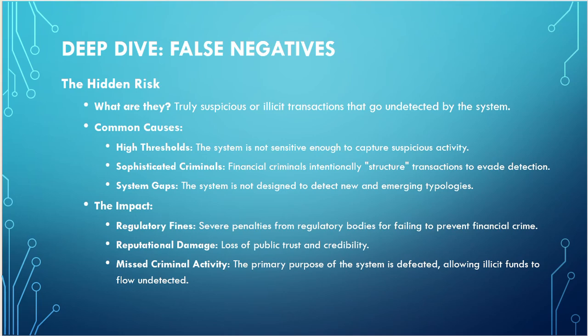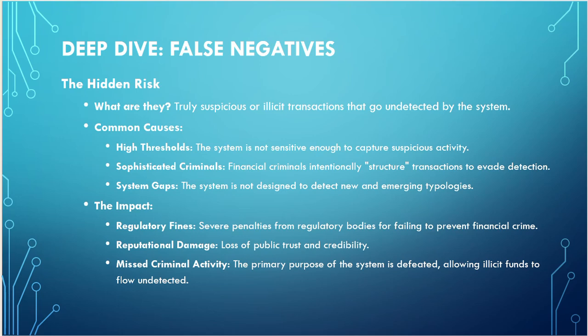The common cause of this is high thresholds. We put in a high threshold, and the criminals perform transactions below the threshold amount and clean their money. The system is not sensitive enough to capture the suspicious activity of such criminals or terrorists, and they easily move their funds from here to there.